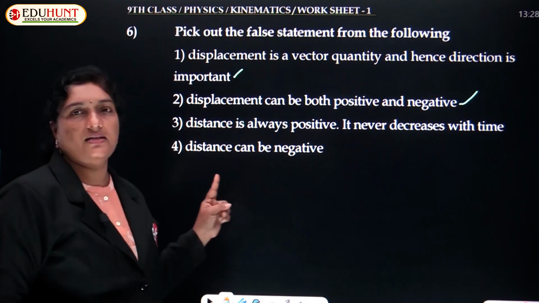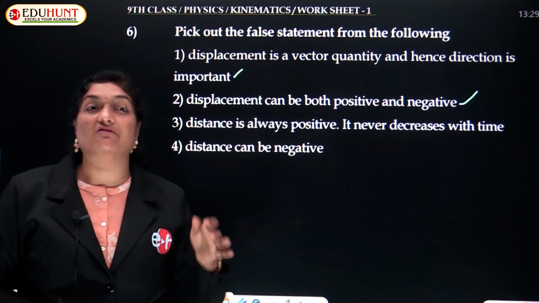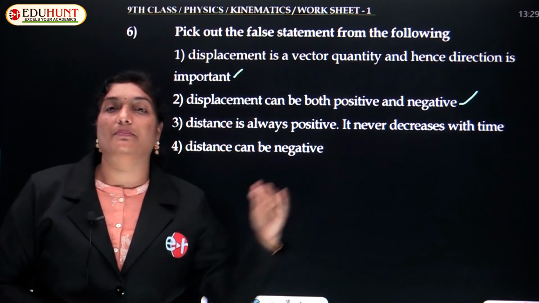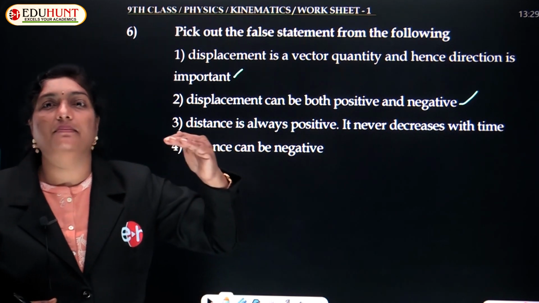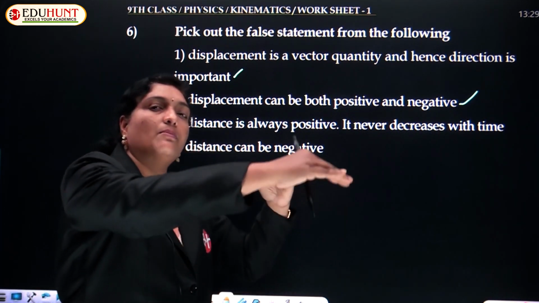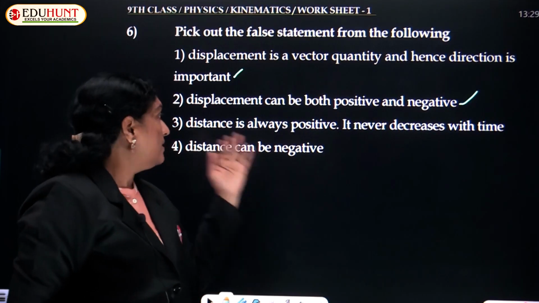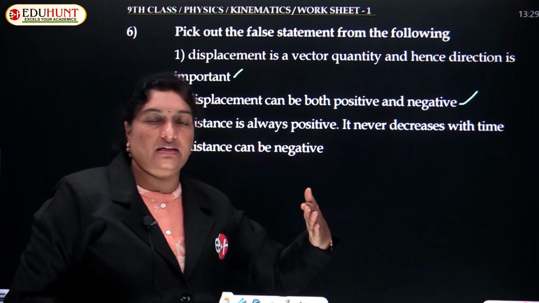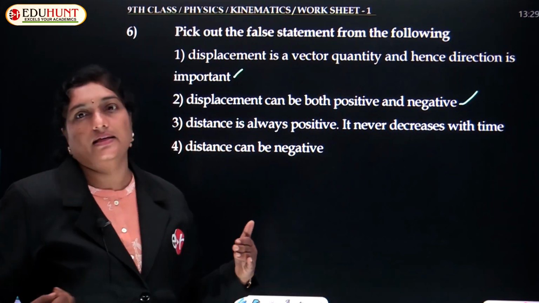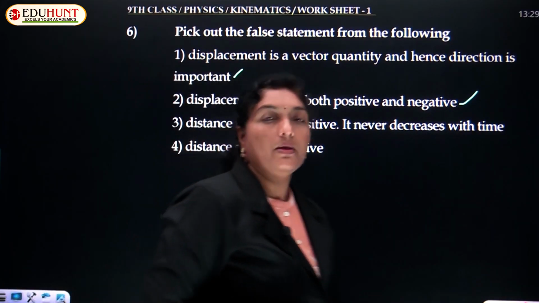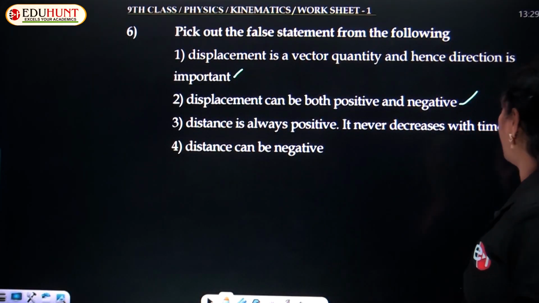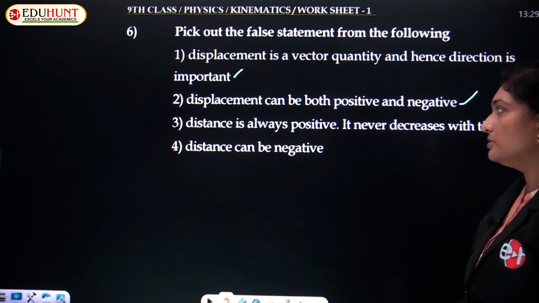It never decreases with time. Distance itself means the path length covered by the body. As and when the time is increased, the path length covered by the body also increases. So distance is always positive, it can never decrease with time. So it only takes up positive values. Hence, the third option is also true.